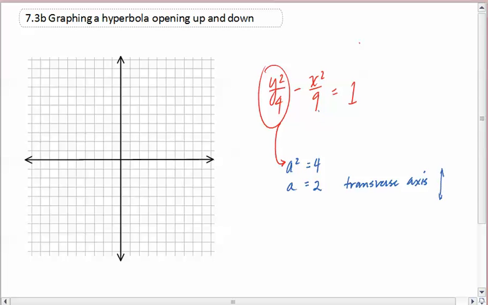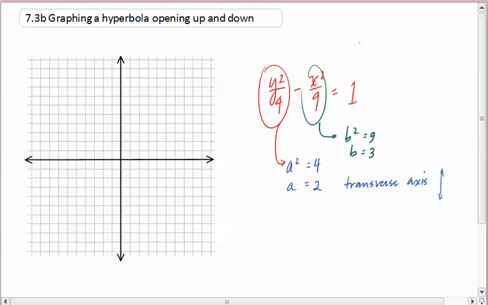Then that means that this one, excuse me, I'm trying to add a little color here to help out, is the b squared, and so b is 3.